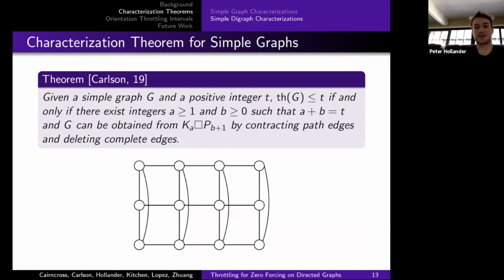So this is an existing characterization theorem for simple graphs, and it simply says that given a simple graph G and a positive integer t, the throttling number of G is less than or equal to t if and only if we can find integers a greater than or equal to 1 and b greater than or equal to 0 that sum to t, and we can obtain G from this Cartesian product graph by contracting path edges and deleting complete edges.